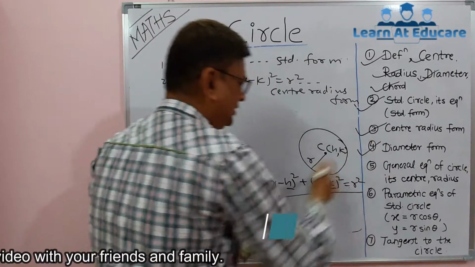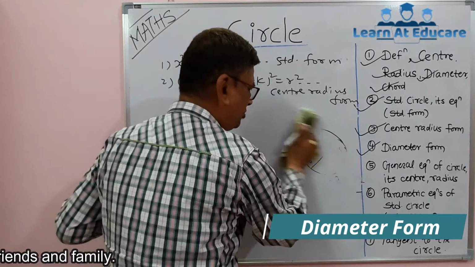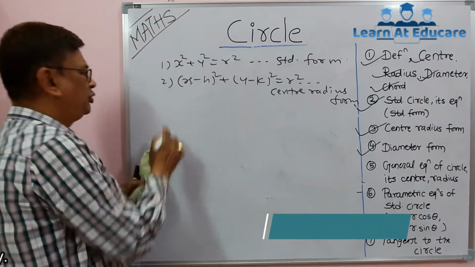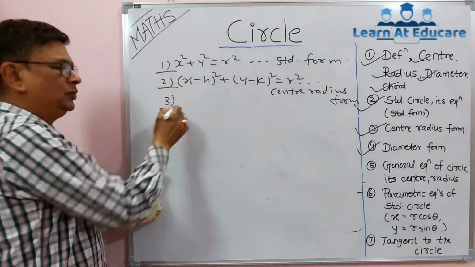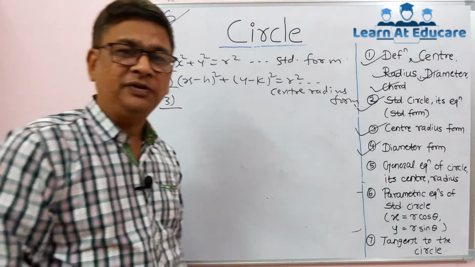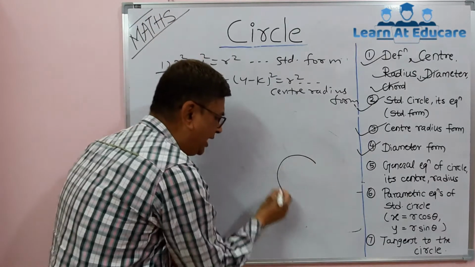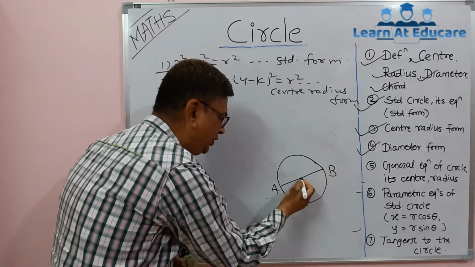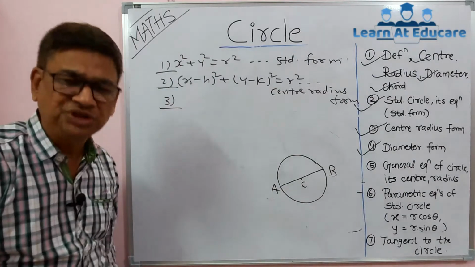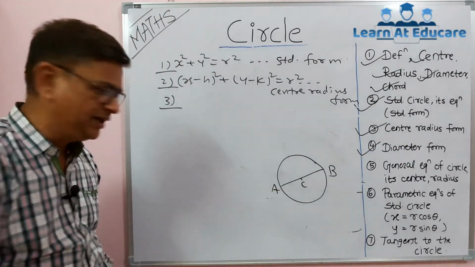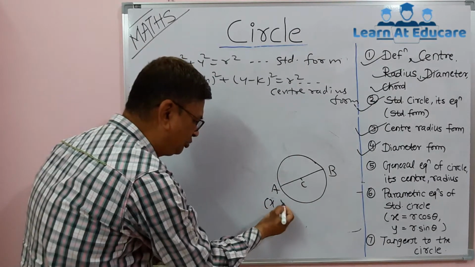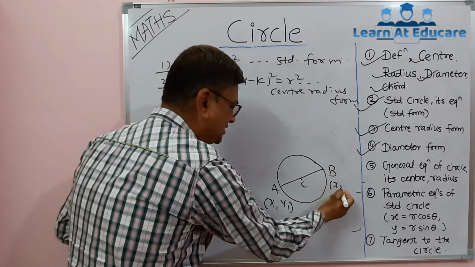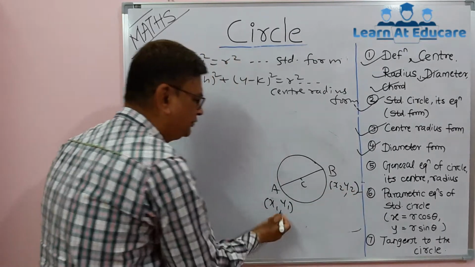The next is the diameter form of the equation of a circle. Now for the diameter form, we should know the end points of the diameter. For example, if we have such a circle and one of the diameters is AB, we know the diameter passes through the center, something like this shown, C at the center, and suppose the end points of the diameter are (x1, y1) and (x2, y2).